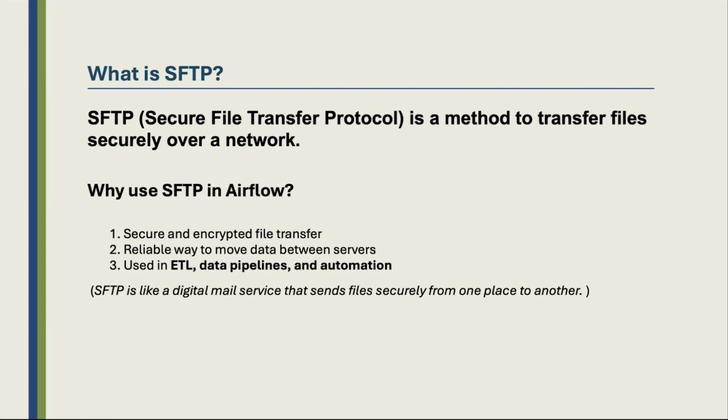This is a very reliable way to transfer your data from source to target systems. We can also use this when doing ETL data pipelines in automation. So this is a secured way of sending data.